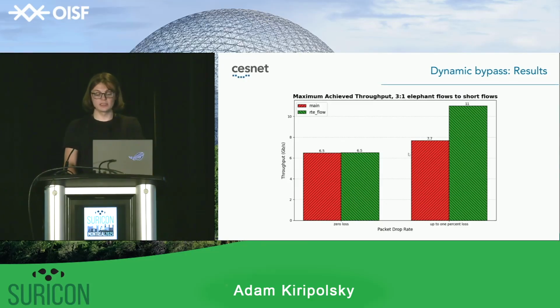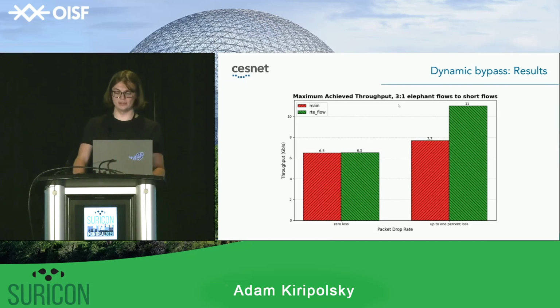But on the right side, we can see that when we allow some drop rate to be present, we could achieve almost 40% higher throughput with our RT flow bypass.